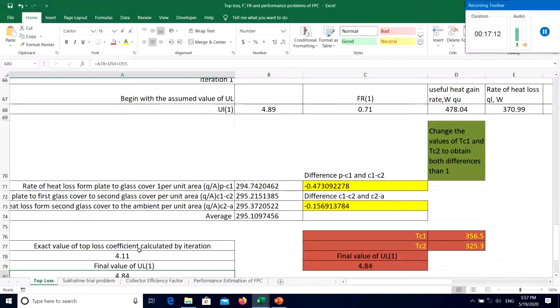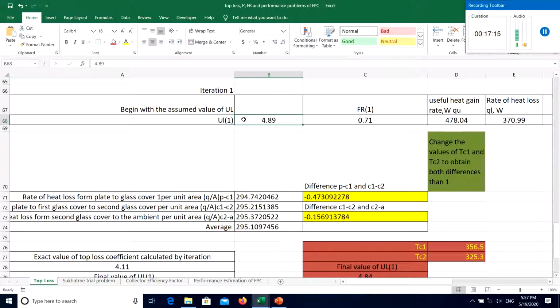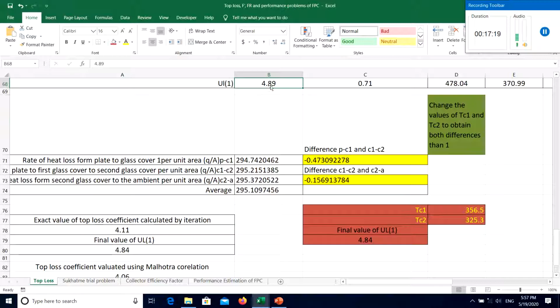Now this we have to match with our earlier assumed value, which is 4.89. Up to the first decimal place it is sufficiently correct. So this is the acceptable value. So the value of UL as 4.8 we can take as acceptable.